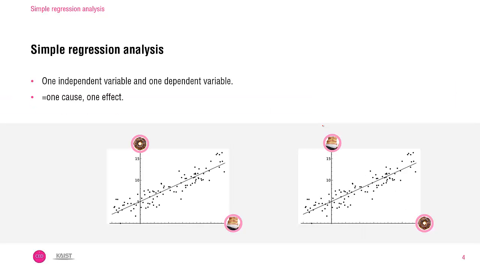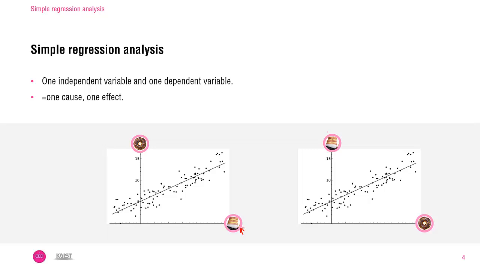If you remember the relationship between donut and fat, in fact, you can define any of the two as the cause or the effect. Here, the cause is donut intake, and as a result, we assume that the person would gain the weight. And here, we considered gaining the weight as the cause.